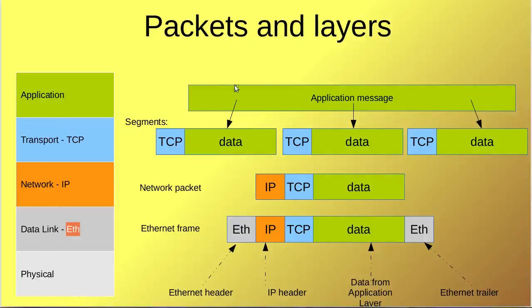So if you take a message, as we said, if you have a large image or something, layer 4, the TCP protocol, will chop it up into pieces, segments, and each one of those segments will go down to the next layer, and this layer 3 or network layer will prepend an IP header to this data coming in from the transport layer, and send that down to the next layer down, which is the data link layer.